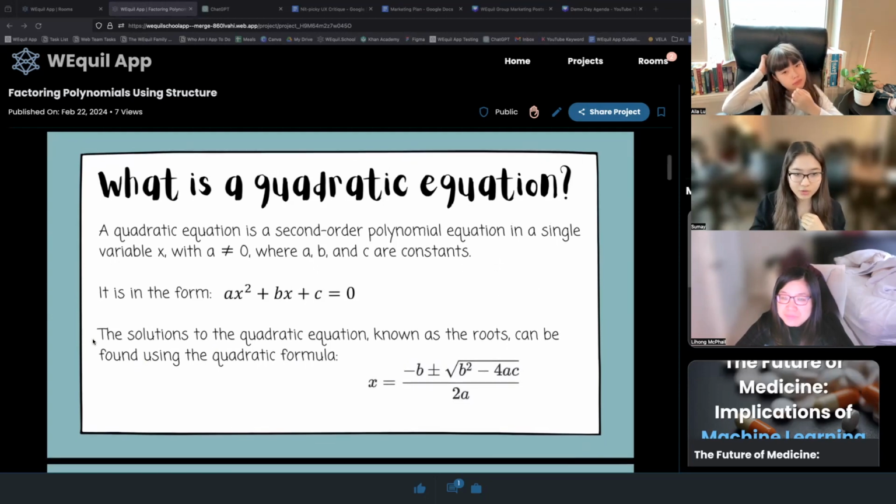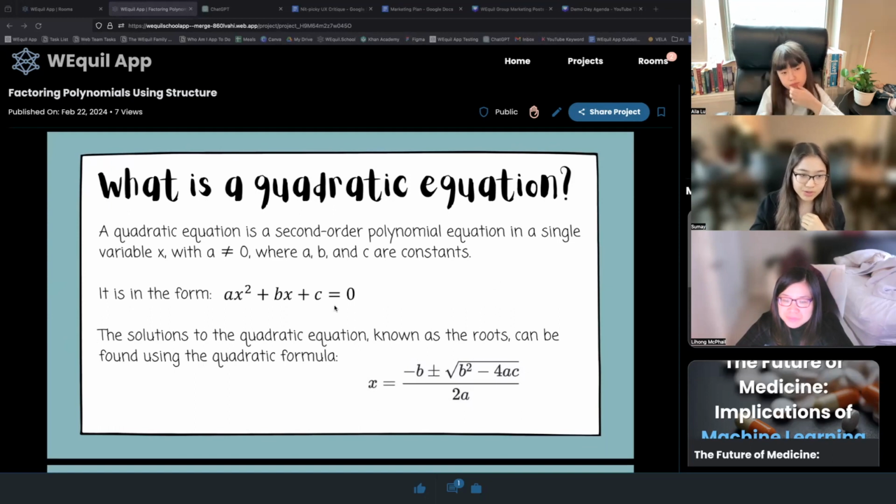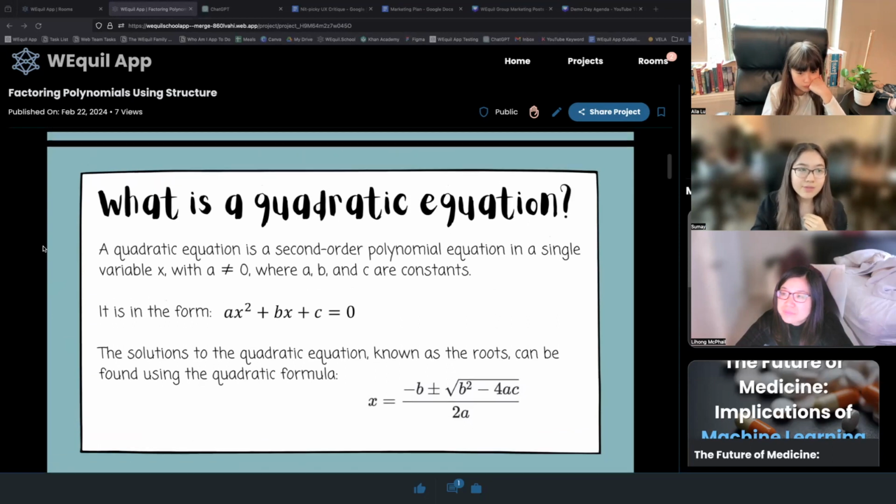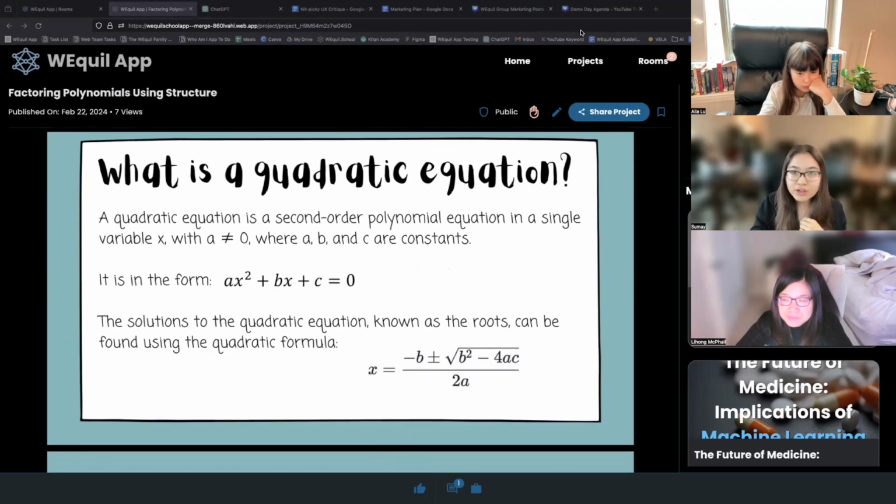The solutions of a quadratic equation, also known as roots, can be found using the quadratic formula. So basically, if you have a quadratic equation, such as 8x squared plus 4x plus 6, in order to solve this and find the roots, all you have to do is plug these numbers into this formula.